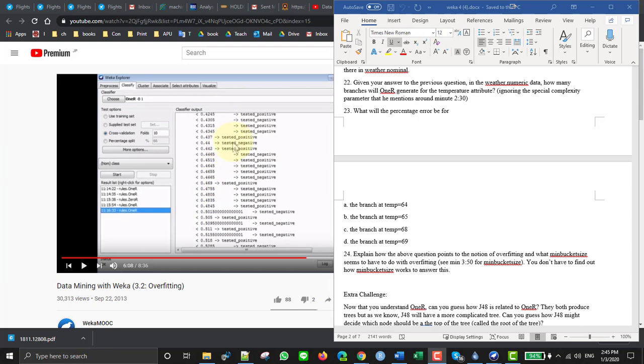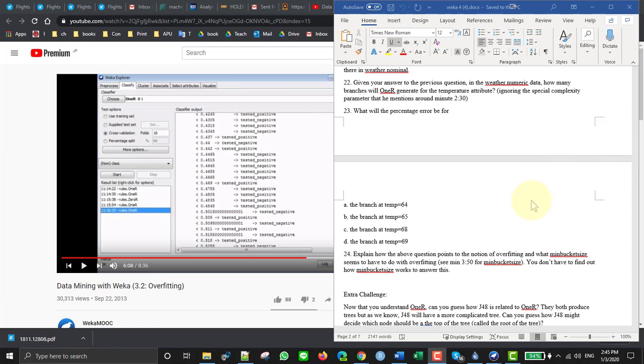It chose some variable called PED, and basically you can see that it's branching at every value of that variable. That would make it very accurate for the training set, but not accurate for the test set. We can reduce that problem by increasing the minimum bucket size.